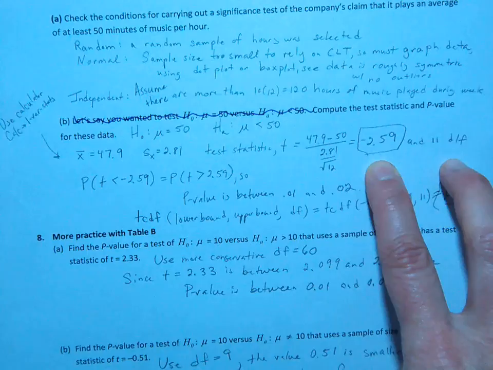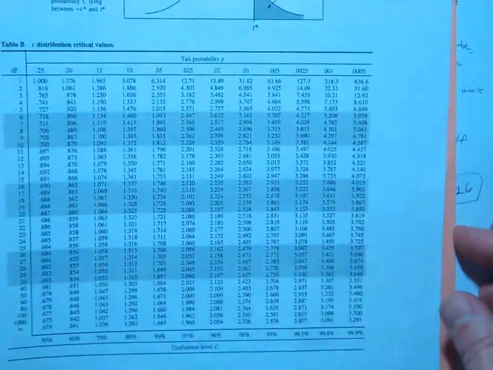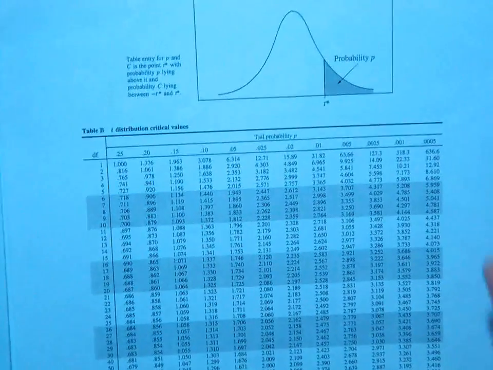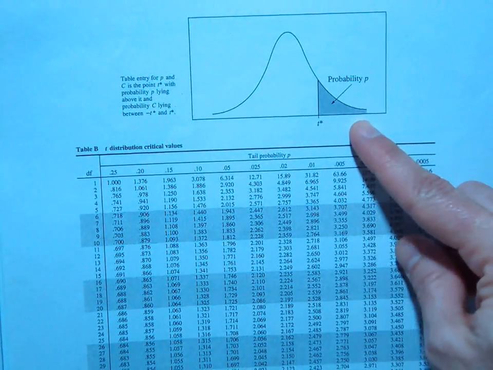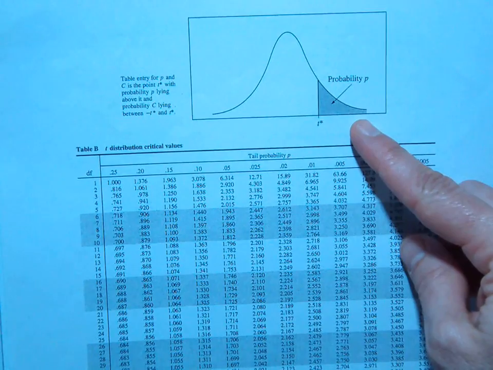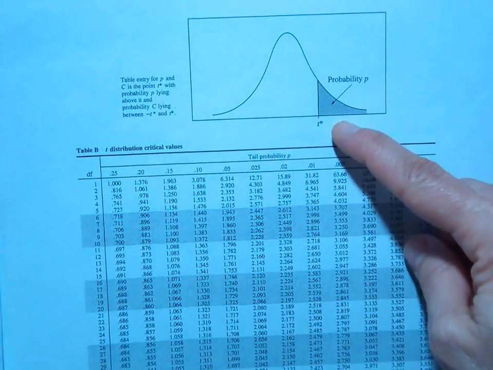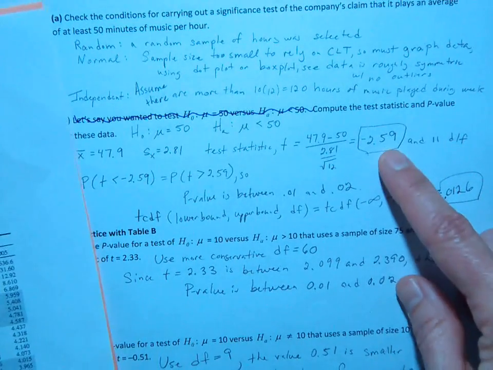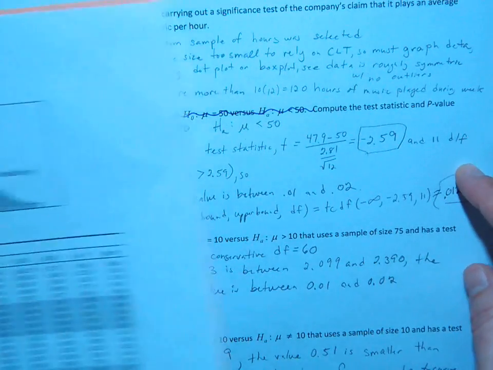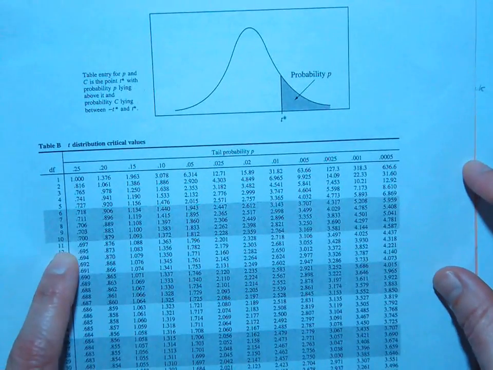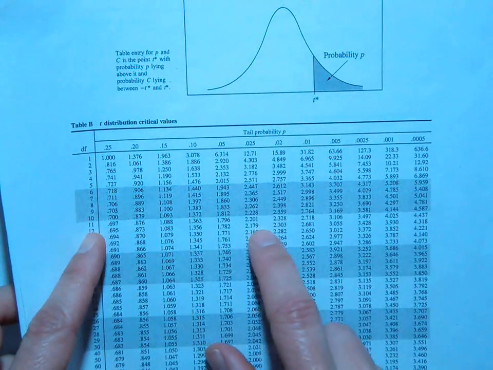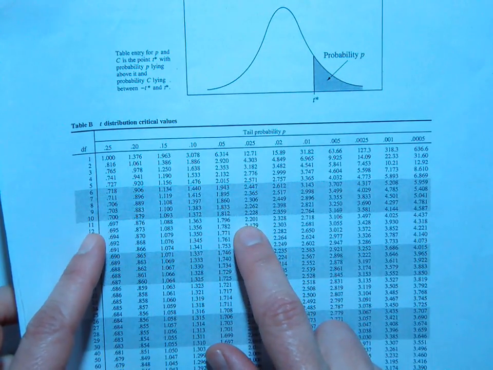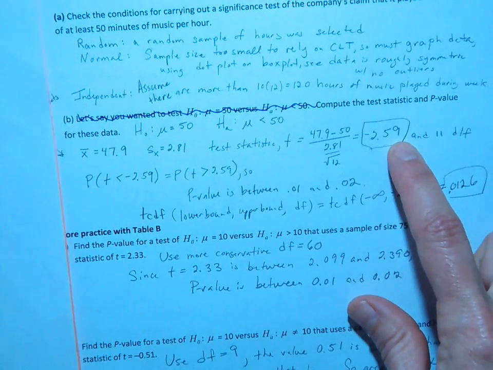So this is the way this works. Here's the table. Notice for a t distribution, the area is to the right, not to the left. So for t of negative 2.59 with 11 degrees of freedom, you go to the line for 11 degrees of freedom, and well, we don't see negative 2.59.